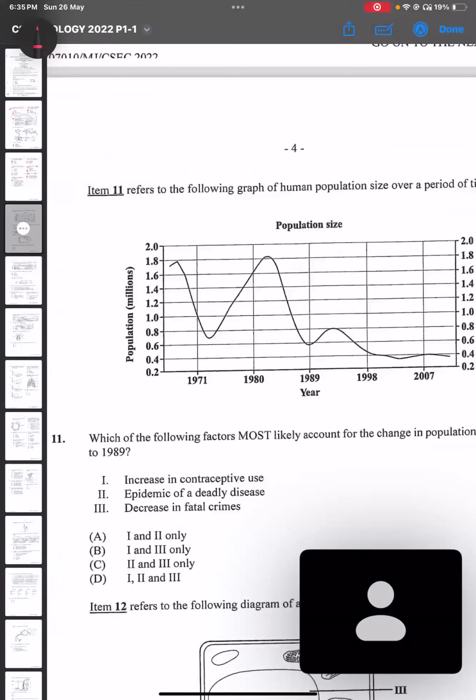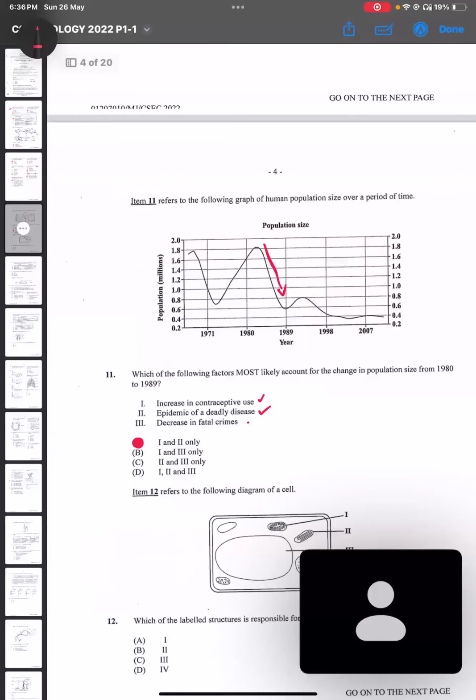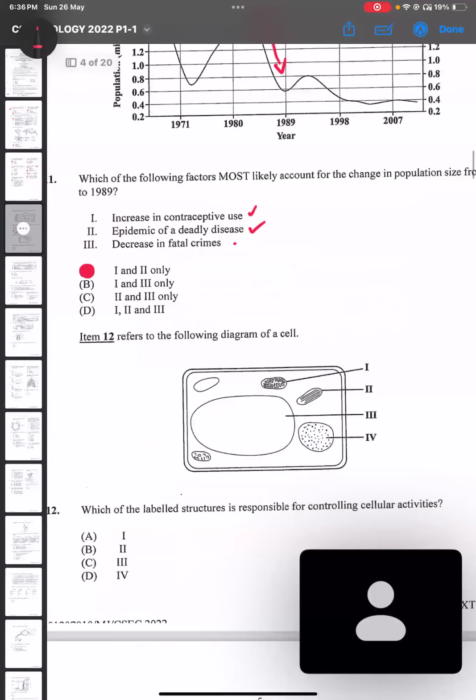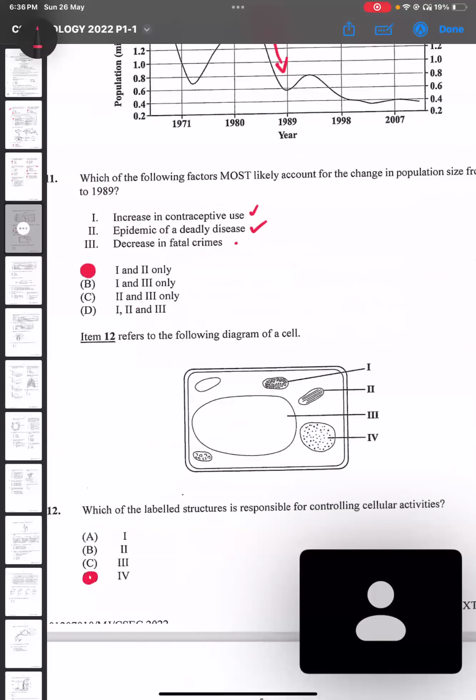This is 1 and 2. This is A. So increase in contraceptive use and epidemic of deadly disease. So all they did for this to change it up is that they took out one of the options. But these two are most likely going to account for the decrease in population between those years. We know this is for your nucleus because it is what controls the cellular activities.